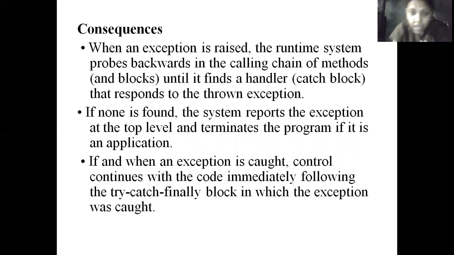But if and when an exception is caught, control continues with the code immediately after. That means if it finds an exception handler, the exception will be handled and the code will continue to run.